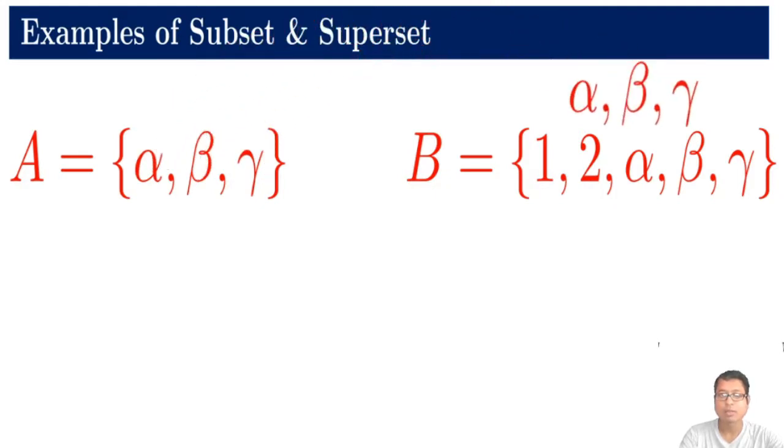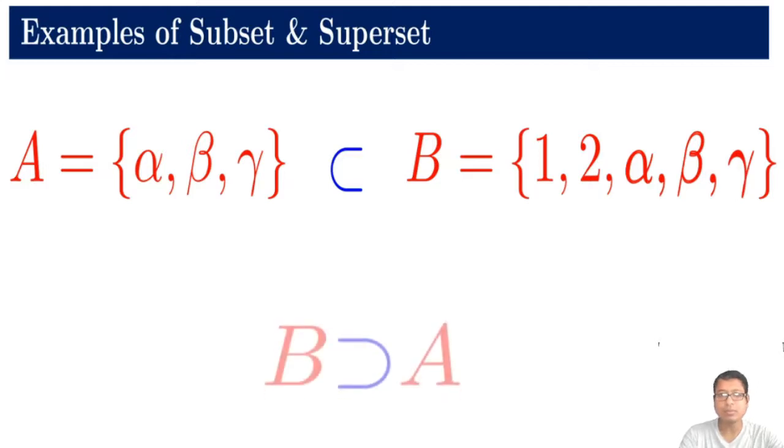All elements of A are also elements of B. So from here we can say A is a subset of B. Now, if A is a subset of B, then B is said to be the superset of A. You simply have to remember that the superset B consists of more elements than the subset. That is the thing you have to remember.